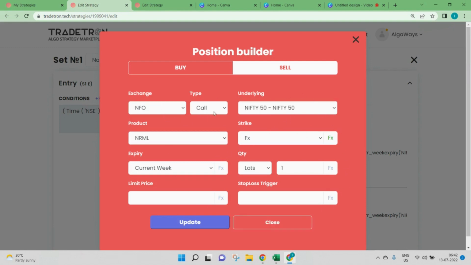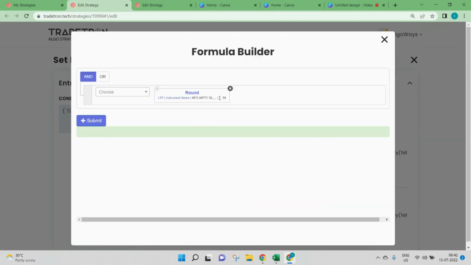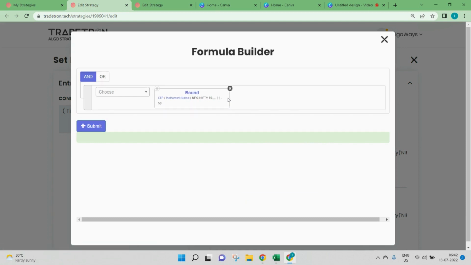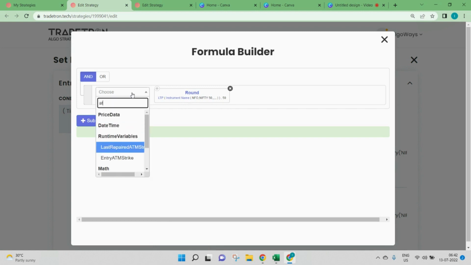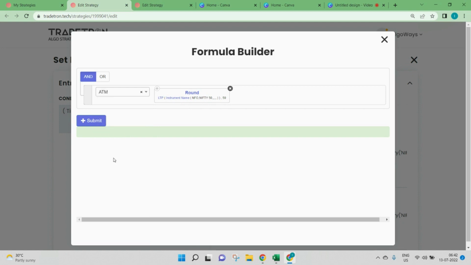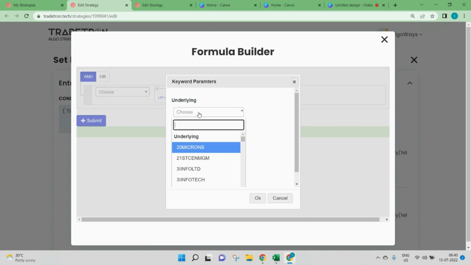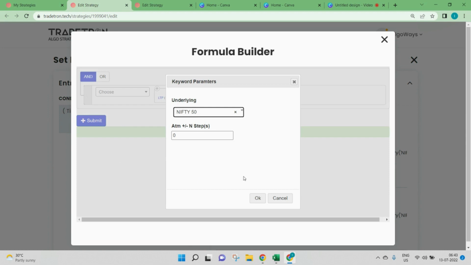So we are selling the CE call on Nifty, and here we are selling it on the basis of spot. So we are rounding off the Nifty, Bank Nifty LTP to 50, and this is the strike selection basically. If in place of this we simply do ATM 50, ATM plus minus n, where 0 means the current strike and plus 1 means the next strike.